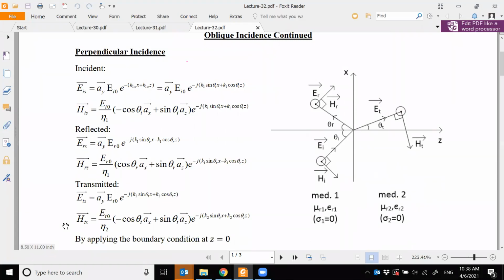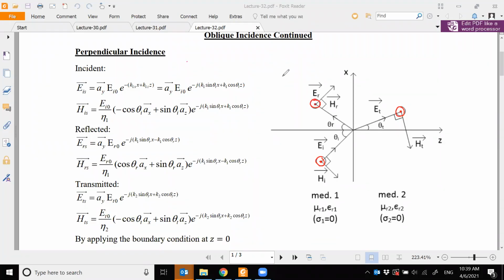So this is my oblique incidence. You have the electromagnetic wave, which is made up of the electric field. This is my electric field, red color, coming out of the screen. That's why it is normal to the plane of incidence, because my plane of incidence is the XZ plane.